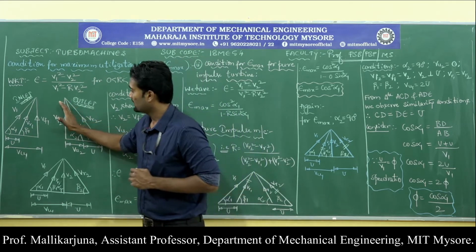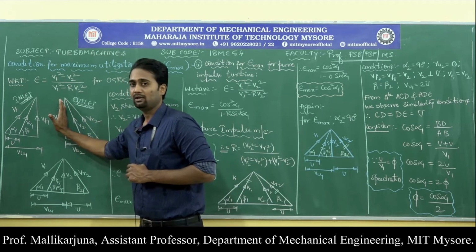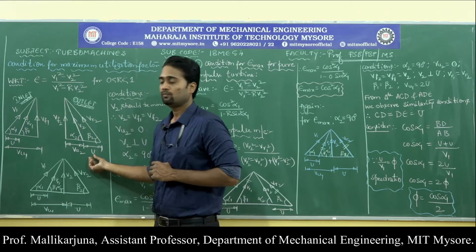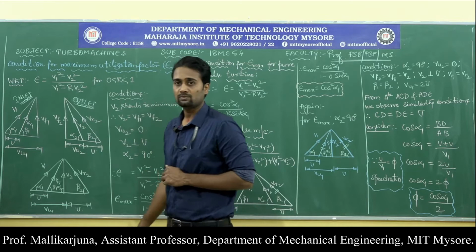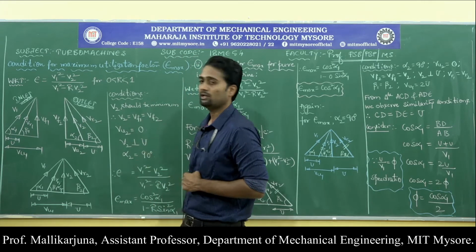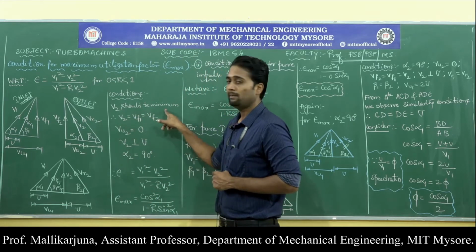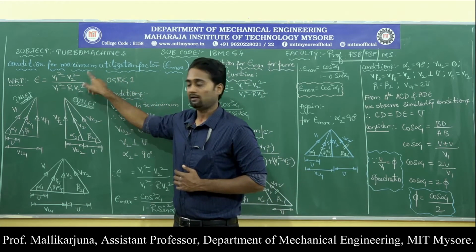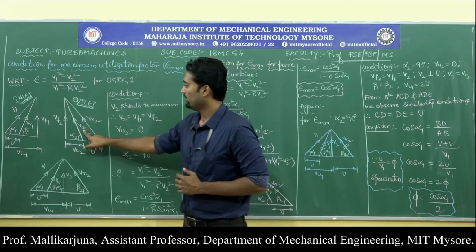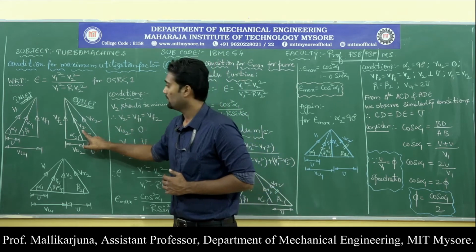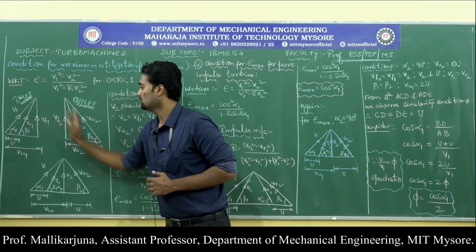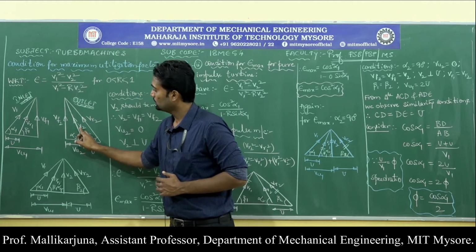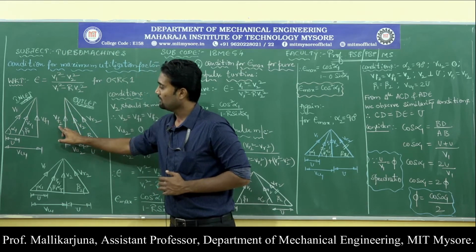This inclined line has to be perpendicular to U, and only then V2 becomes minimum. So that is the condition I have written over here. V2 should be minimum in order to have maximum utilization factor. So if V2 is minimum, in the sense V2 has to be perpendicular to U. That means V2 overlaps on Vf2.